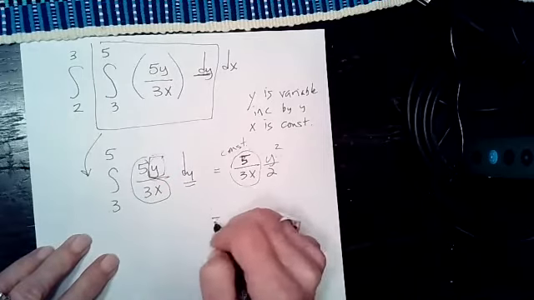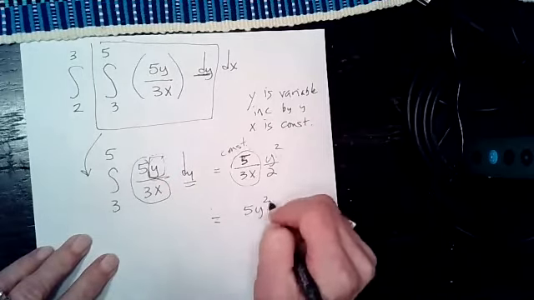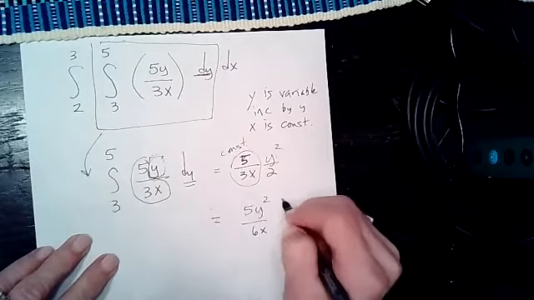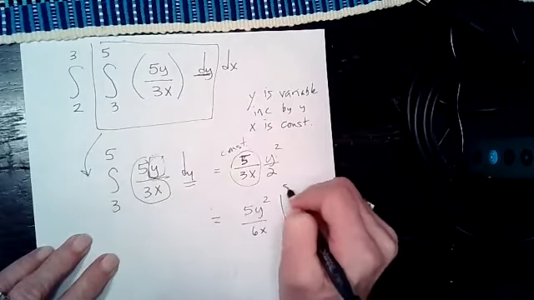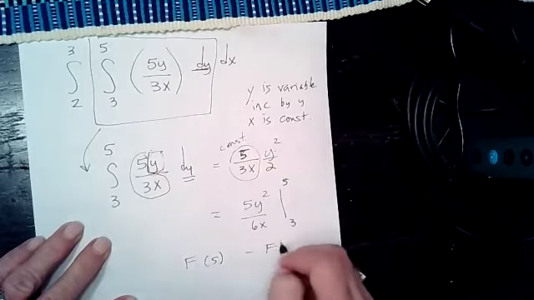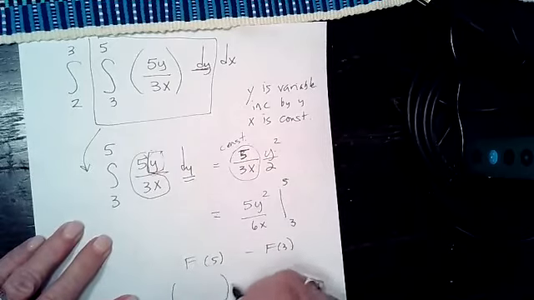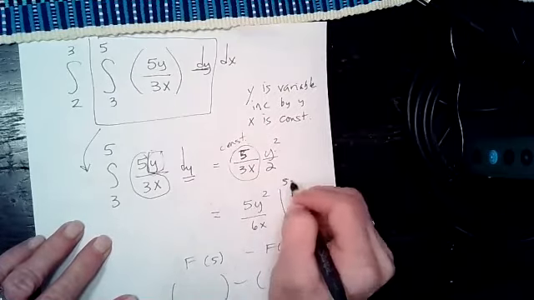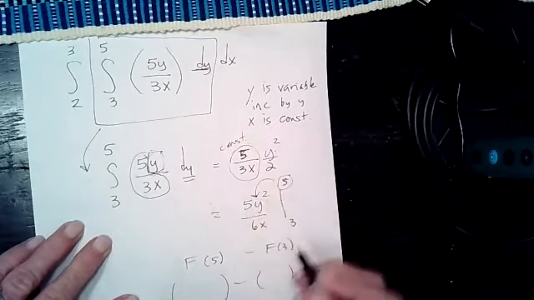And so my antiderivative is 5y squared over 6x. And I evaluate it from 3 to 5. So what am I plugging in for when I integrate it with respect to y? I'm just plugging in for y.